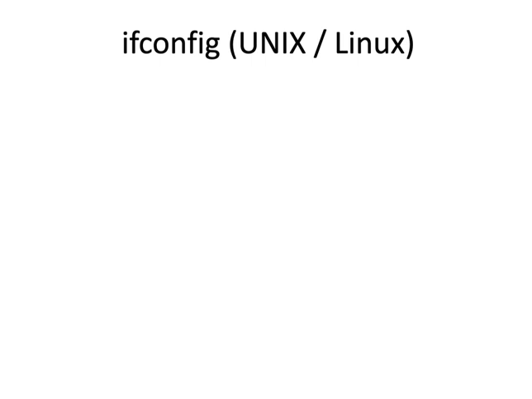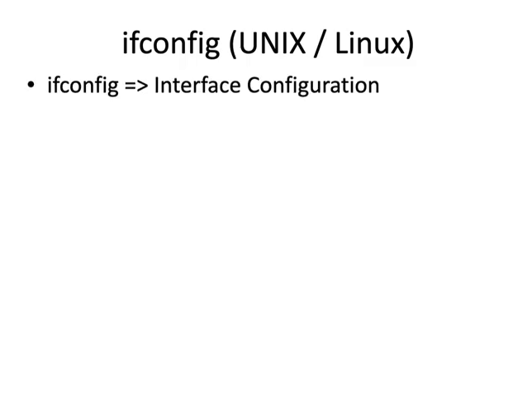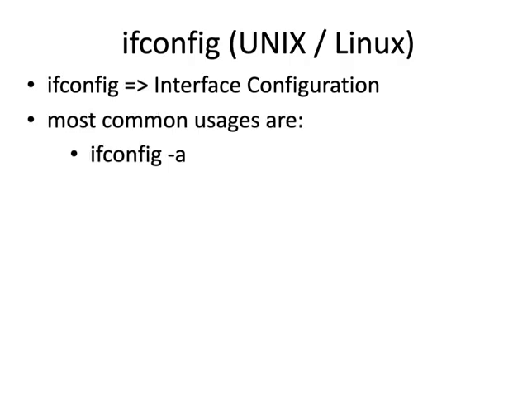Next, we have ifconfig. This is an abbreviation for interface config. This was born in the Unix world, and it was a way to get information about your network connections. Some of the most common usages are ifconfig -a, which is show me interface information on all, that's what the A stands for, of my network ports or network connections.